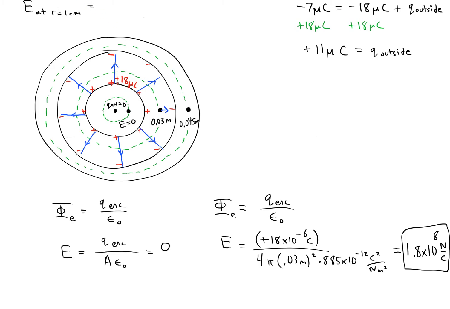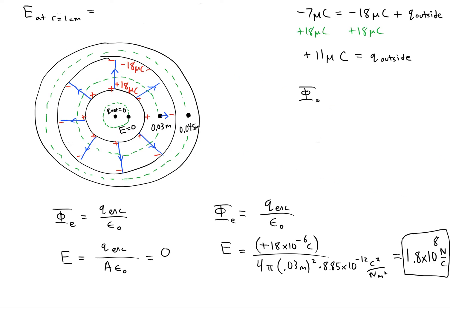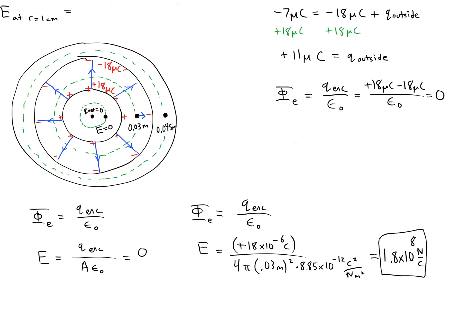And we said that there would be plus 18 microcoulombs on the sphere inside and negative 18 microcoulombs on the inside of the shell. That means our enclosed charge will actually be a net of 0. So the electric flux is 0, and therefore the field must be 0.